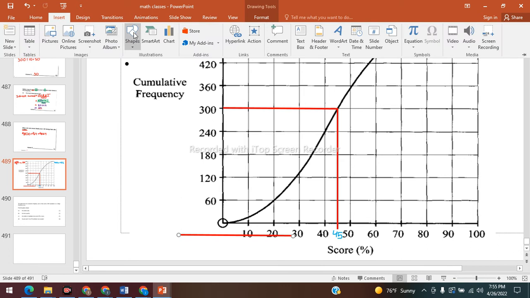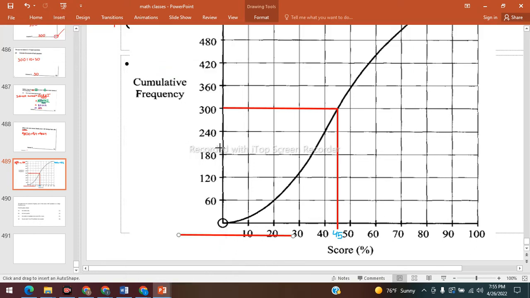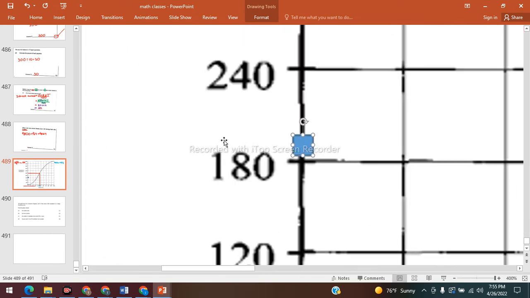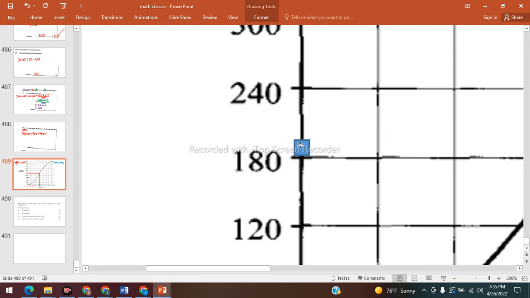So let's say that this block is 1. So we need 5 of them.